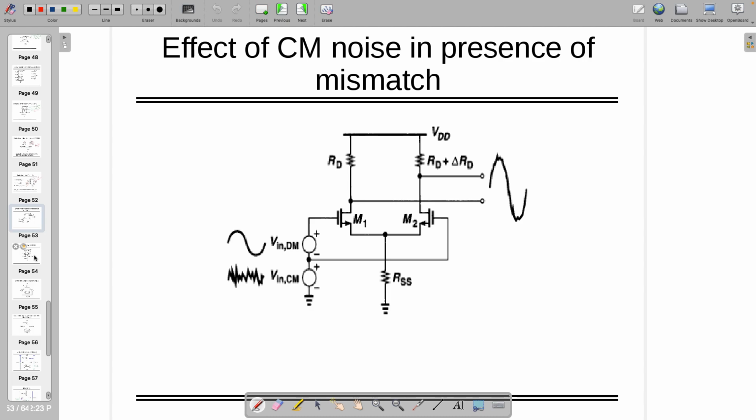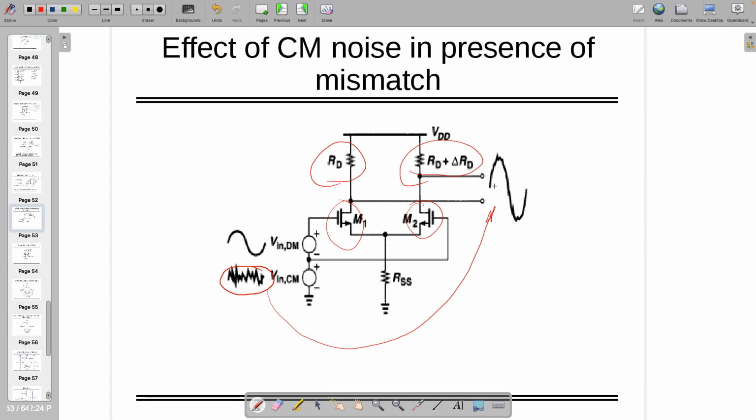We also learn that earlier, if both sides are identical, then no harmonics will be available, and whatever common mode noise is there will be removed. But where there is a difference between elements like transistors or resistances, these differences will show up at the output.